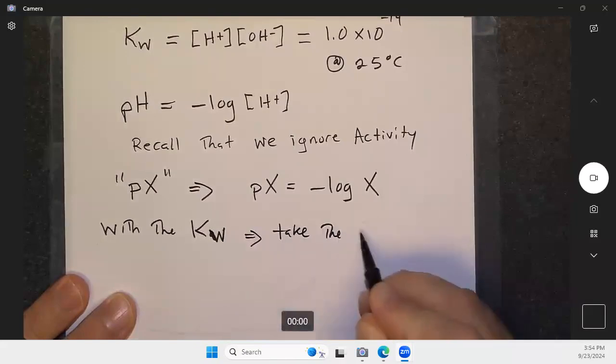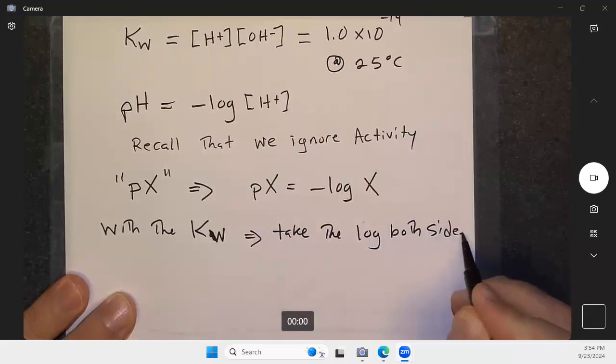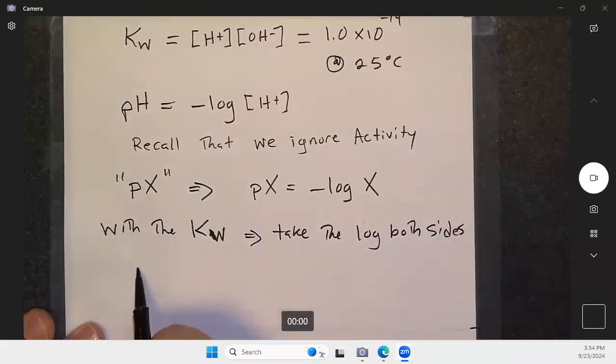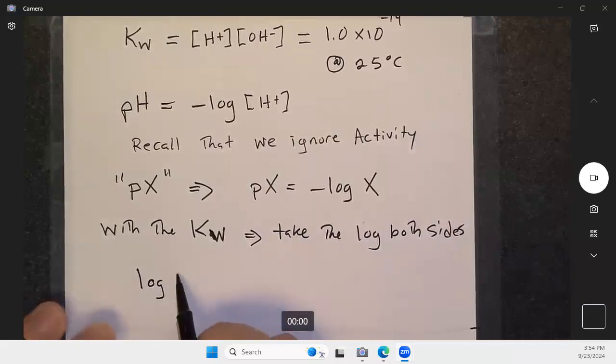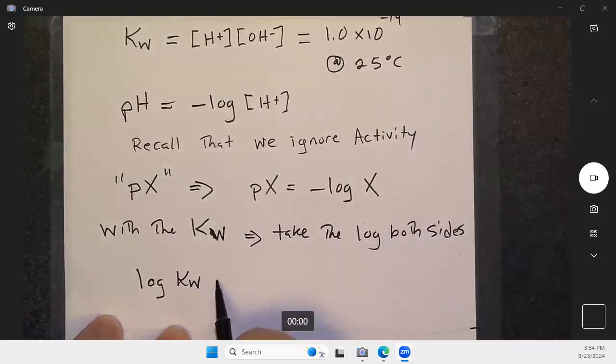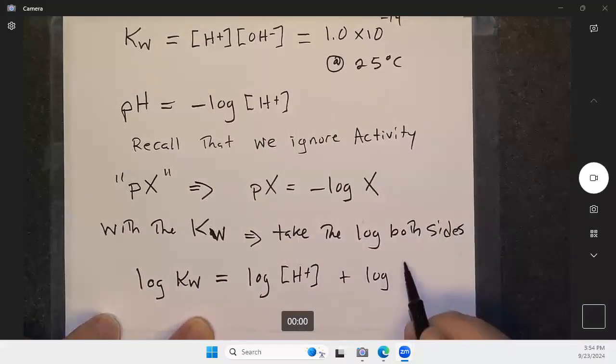Let's take the log of both sides. I'll just rewrite it down here as log of Kw is equal to the log of H plus plus the log of OH minus.